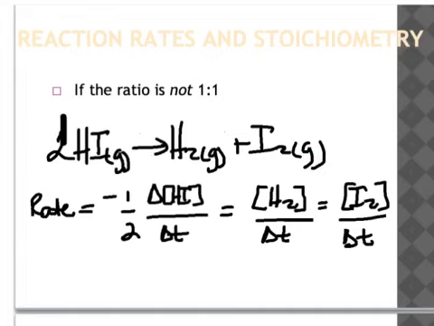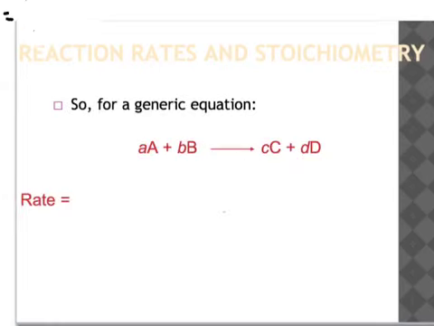And so if we're showing that stoichiometrically, we're showing it as the disappearance, negative value, times 1/2, so that we have disappearing at twice the rate of the appearance of the hydrogen and the iodine.